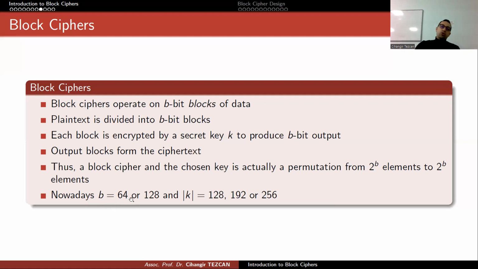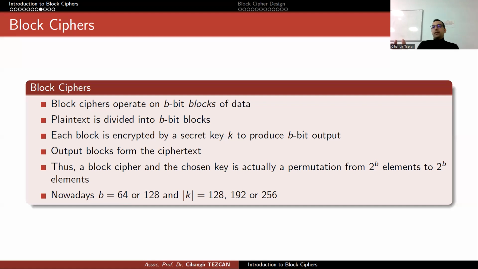But if you shorten the block size, this means that after sending many plaintexts or ciphertexts, we advise you to update the key. Otherwise, 32 bits means that you can at most generate 2^32 different plaintexts. So if you send gigabytes of data, at some point you exhaust all of the possible plaintexts you can send.